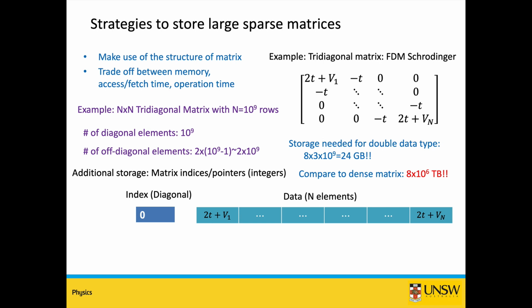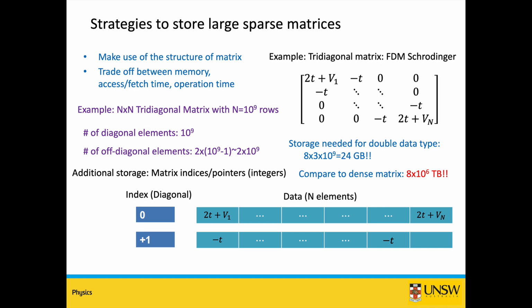So let me assume an index of 0 for the main diagonal. Here I have n elements, 2t plus v1 up to 2t plus vn, in this diagonal. So that's n elements for the main diagonal labeled as 0. And then I have the diagonals that are offset, and they have n-1 elements. In this case, all of them are t's, but they don't have to be necessarily the same. If the system is inhomogeneous, all these numbers can be different.